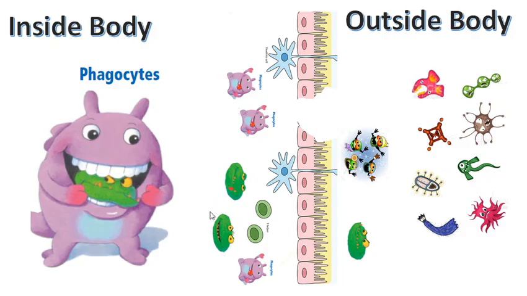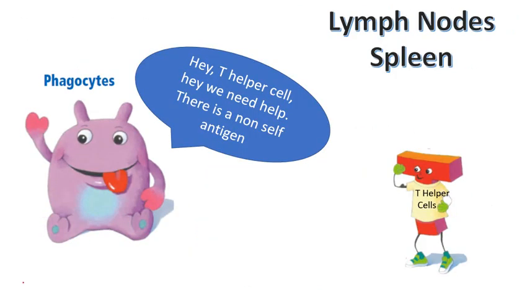Basically, when pathogens enter the body, the pathogen is engulfed by the macrophages. At the same time that macrophages destroy the pathogens, the pathogens multiply. The rate at which the pathogens multiply compared to the rate at which they are destroyed is different.